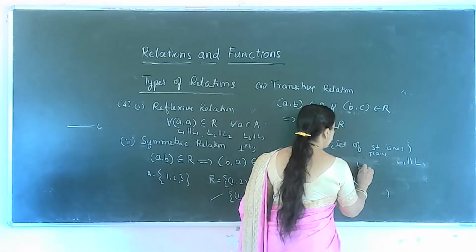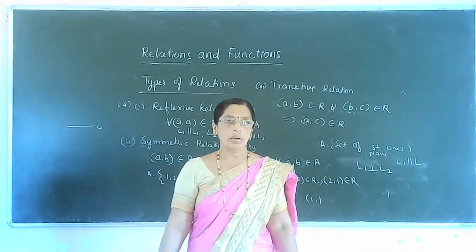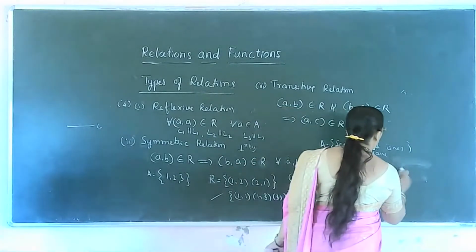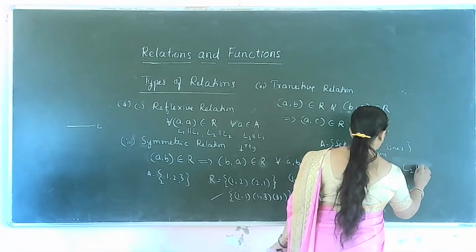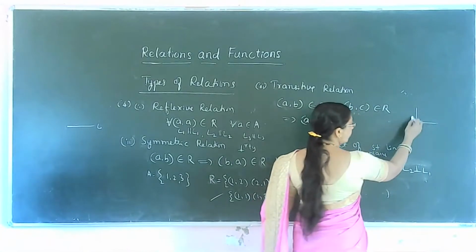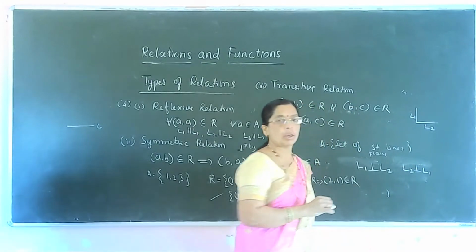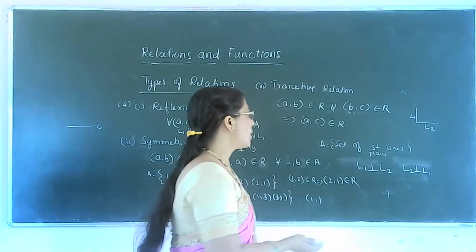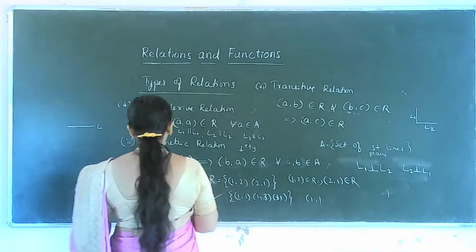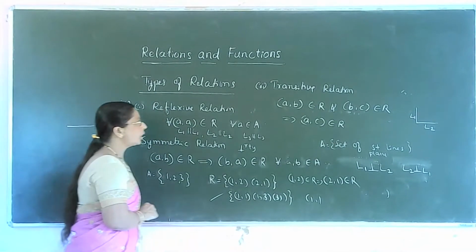If line L1 is perpendicular to L2, then L2 is also perpendicular to L1. You know about perpendicular lines. Therefore, it is a symmetric relation.